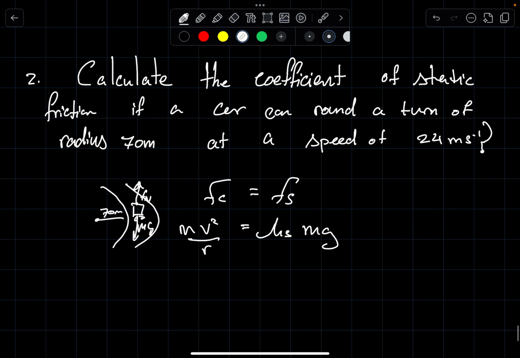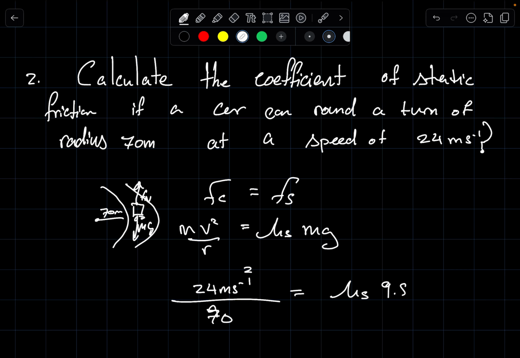Around the turn, we know that this is 24 meters per second squared over 70, which equals mu s times 9.8. We divide both sides by 9.8, and we cancel out the m's from both sides.